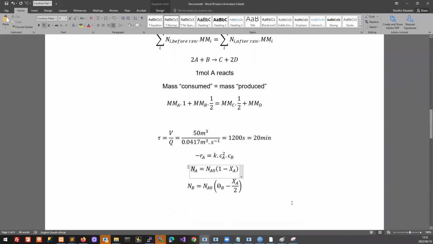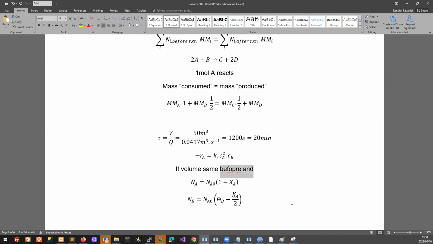But if it's a liquid phase reaction, and if we assume the volume is the same before and after, then we can divide both sides by the volume, and we'll get CA and CB. And so dividing by the volume, this is CA naught.